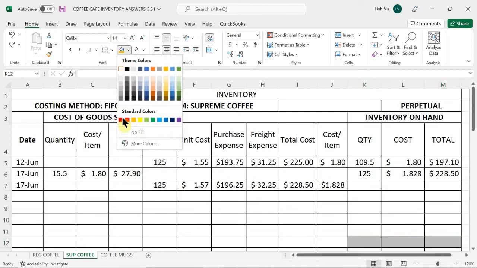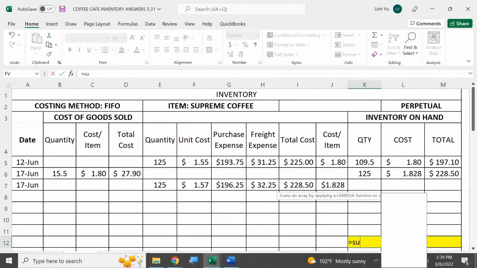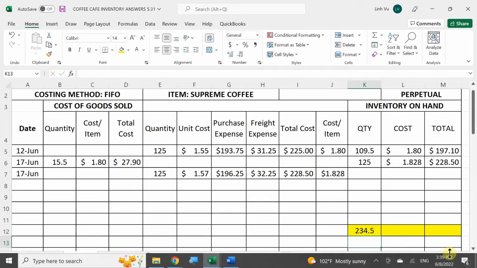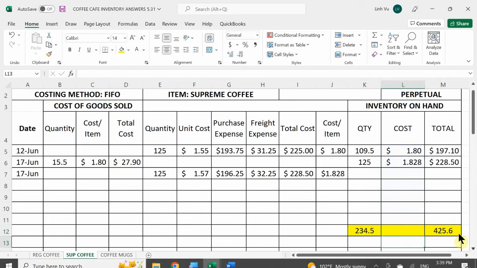Okay, let's choose that yellow once again. All right, and we're going to equal sum my quantity so then I can have a running balance at all times. So in this case, I have a total of 234 and a half pounds at a grand total of 425 and 60 cents.